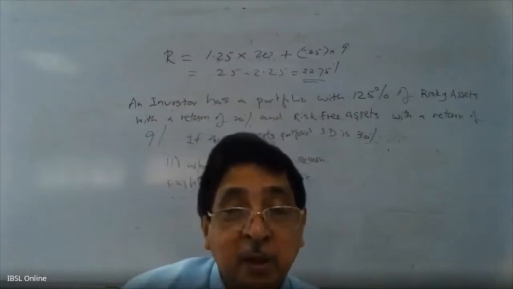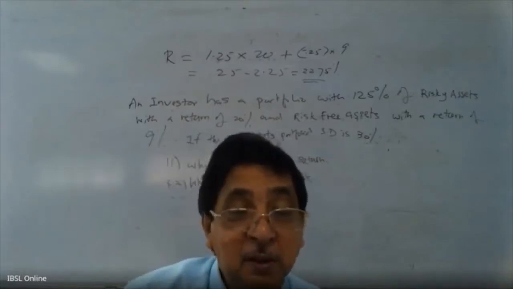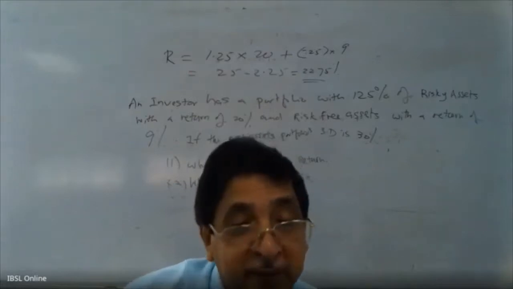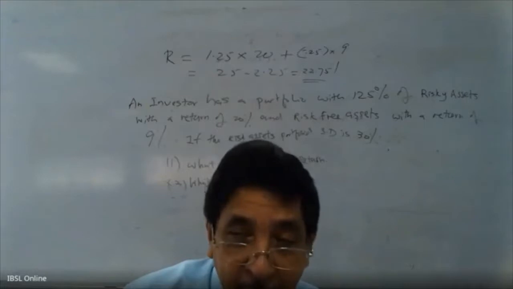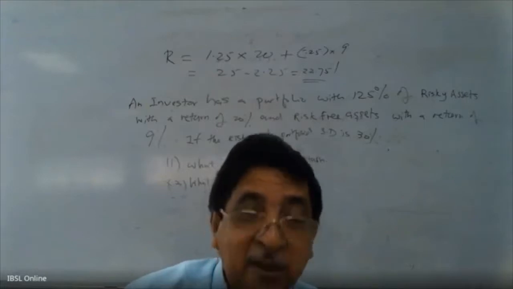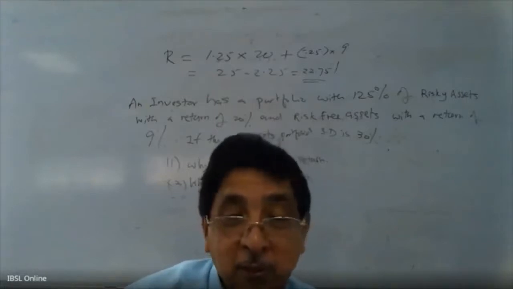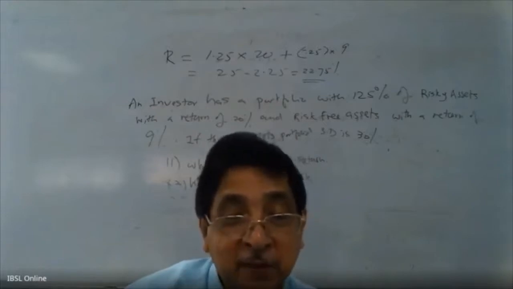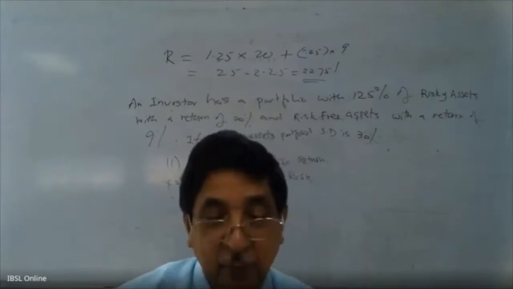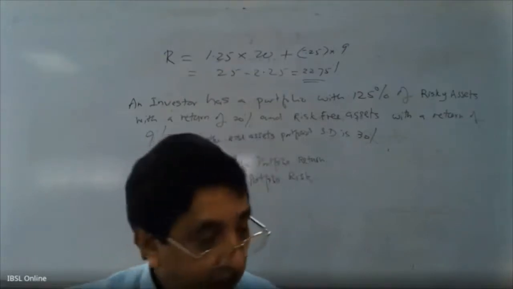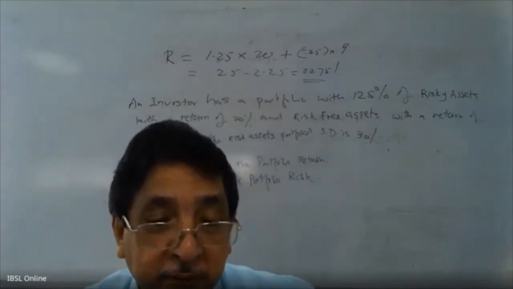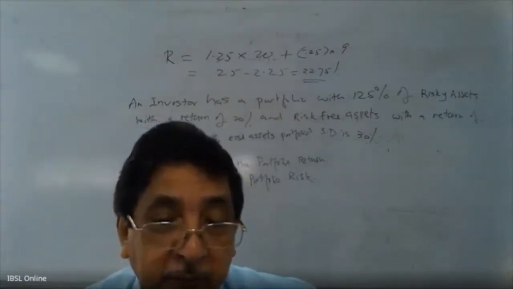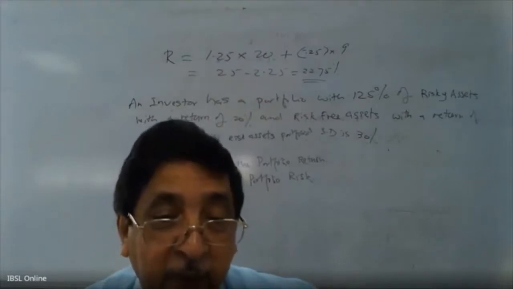And in the same manner, you can do the risk also. So there's a formula for that. Sigma P is equal to sigma M XM. That is how you can do it. So therefore, I will do it on the board also. In the lesson I have explained that.